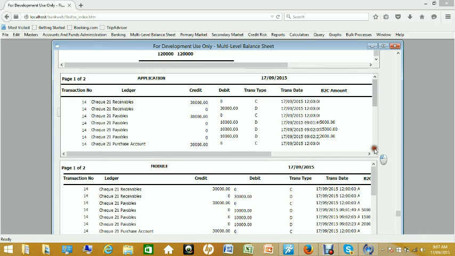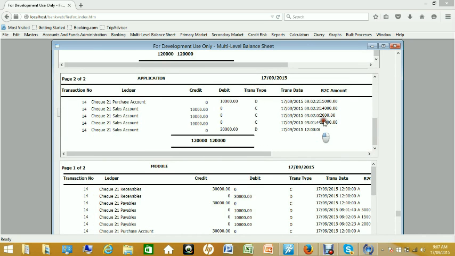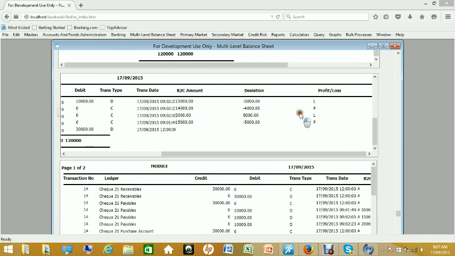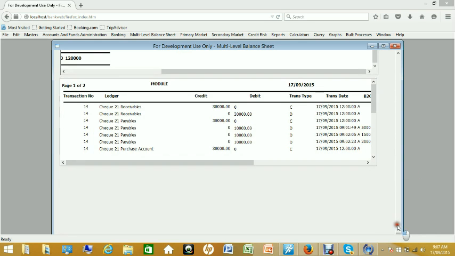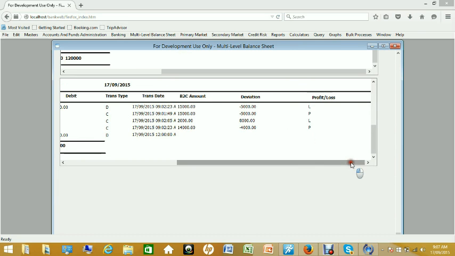We see for application, the balance sheet tallying with all the deviations and profit and loss as well. And finally we see for module, even for module we see the balance sheet tallying 120,000 and 120,000 here, and we see the B2C amount as well as deviation.